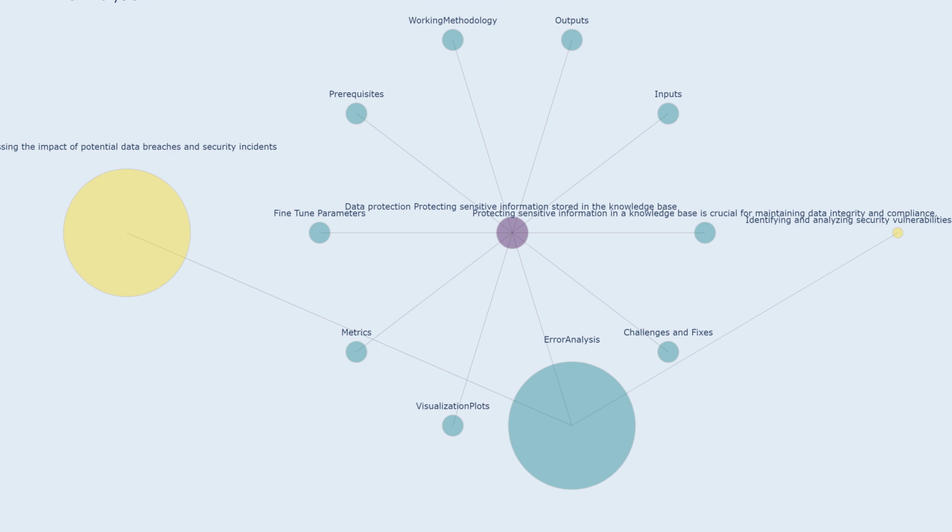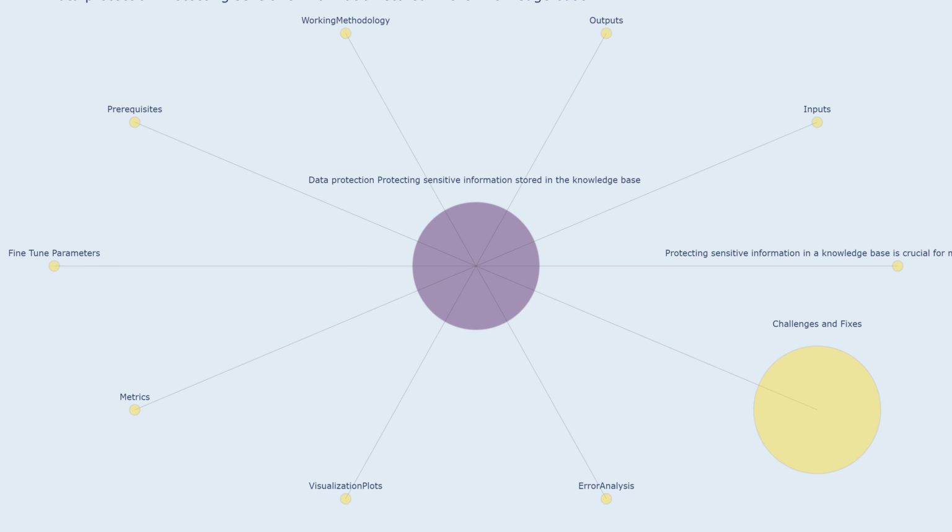Assessing the impact of potential data breaches and security incidents is crucial for planning appropriate response and recovery strategies. This involves conducting risk assessments to understand the potential consequences of a breach and developing incident response plans to mitigate damage and restore operations.